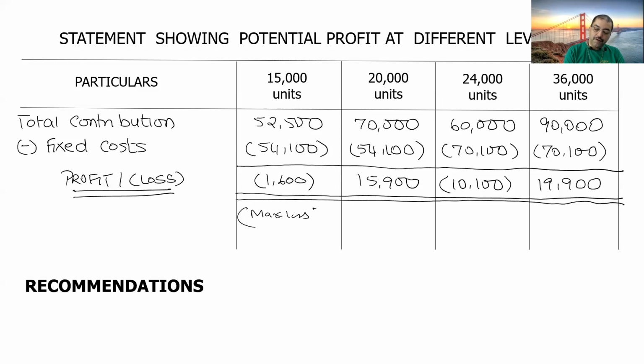And if I'm selling more than 20,000, then the maximum loss is 10,100.